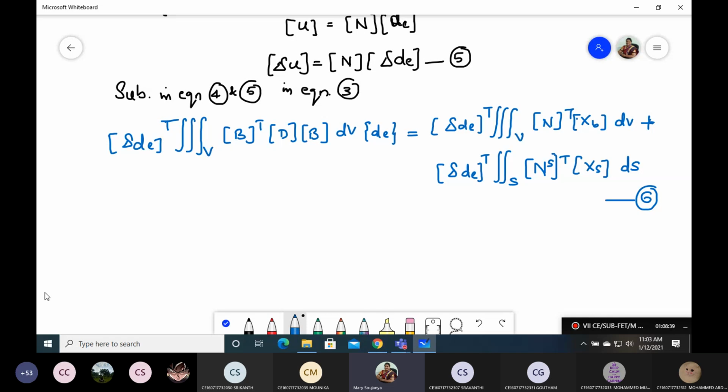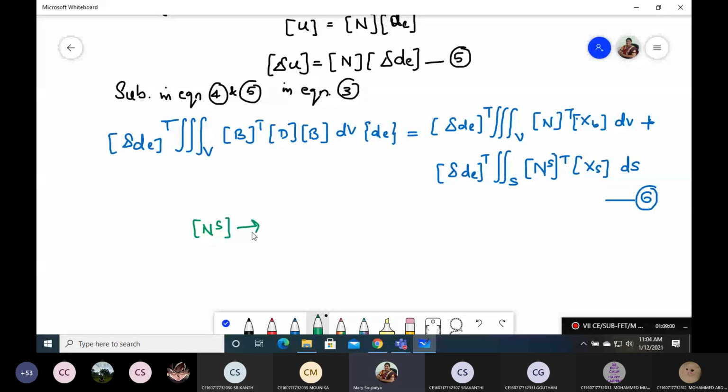Substituting equation number 4 and equation number 5 in equation number 3, we get equation number 6. Here we have only one new term, the NS matrix.